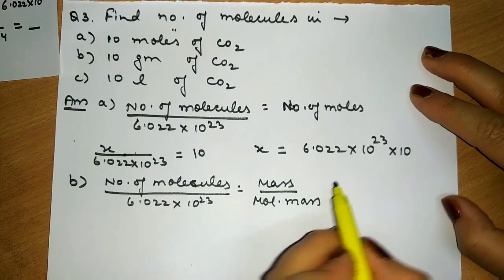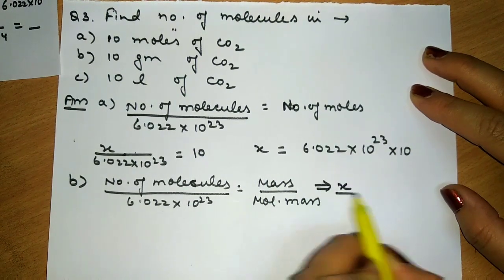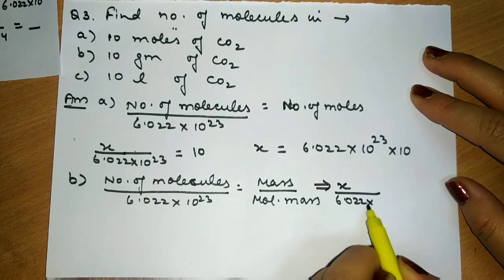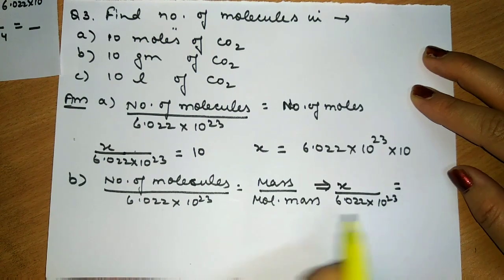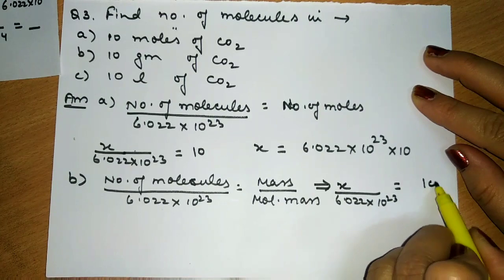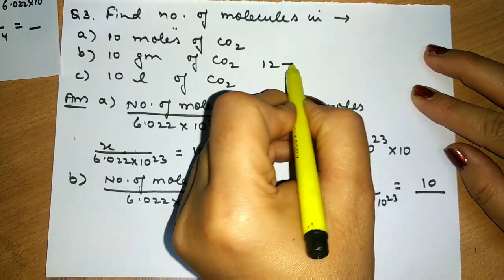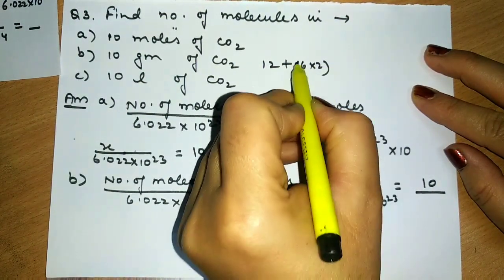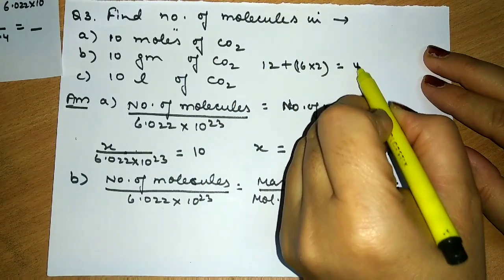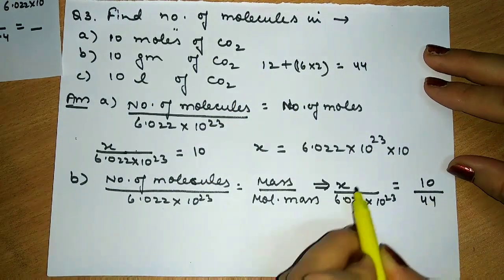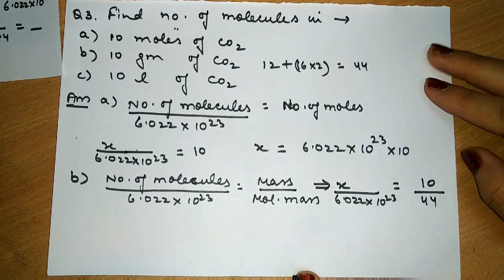So take number of molecules as x, mass given to us is 10, and molar mass is 12 plus 16 into 2, that is 32 plus 12, 44. So we can find this x.